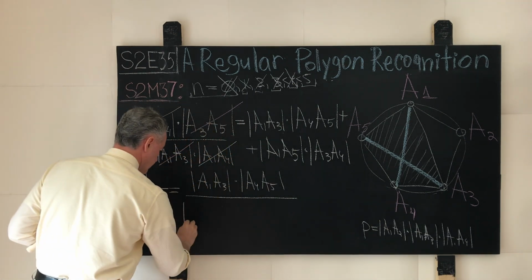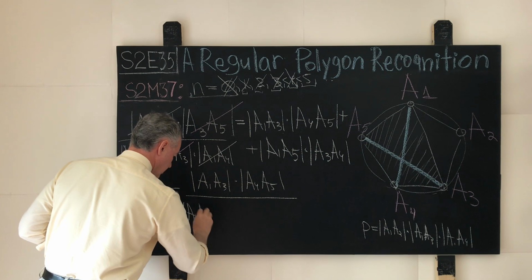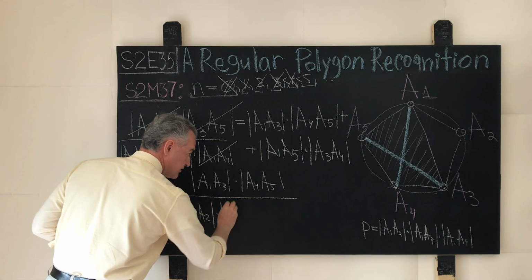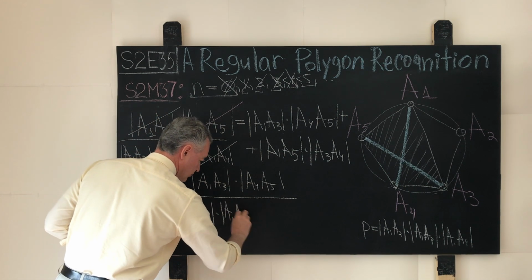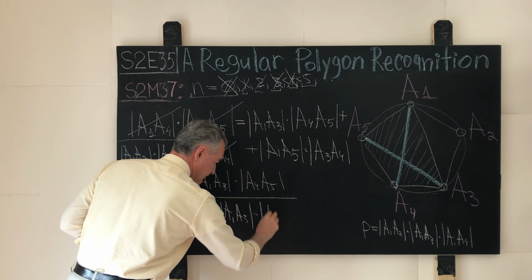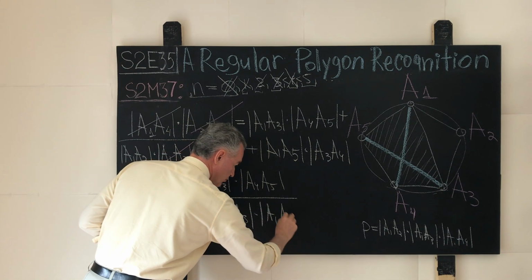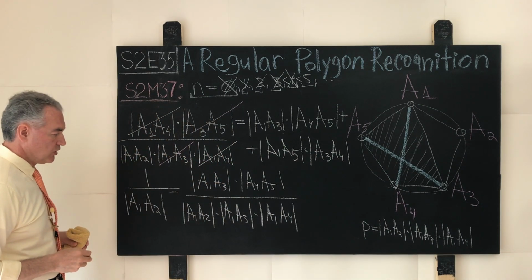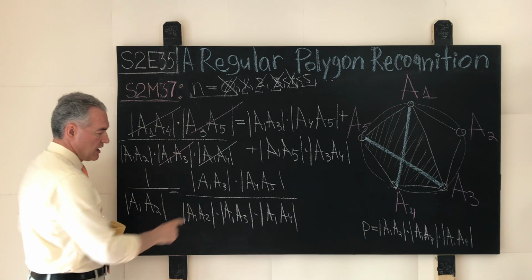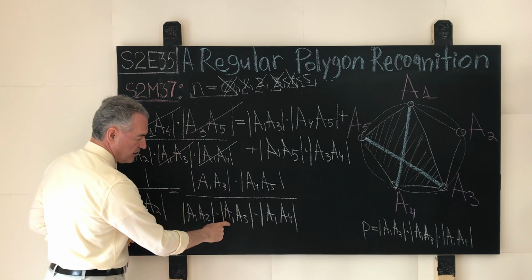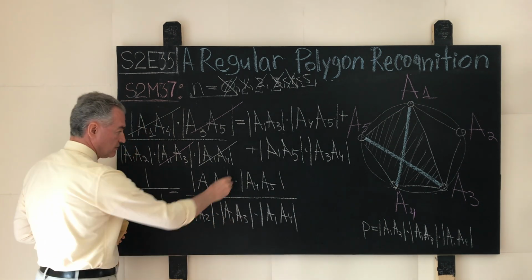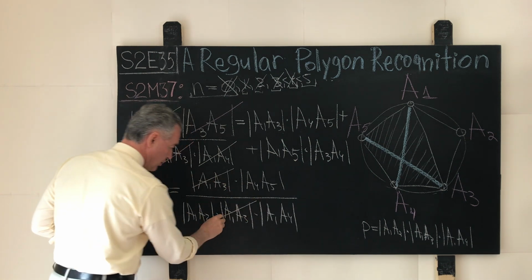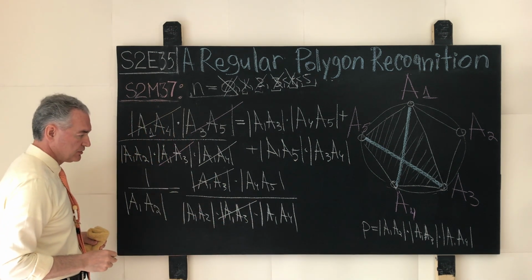So we will have what? The distance A1, A2 times the distance from A1 to A3 times the distance from A1 to A4. What can we say over here? Well, the distance from A1 to A3 and A1 to A3 cancel each other out without much thought.